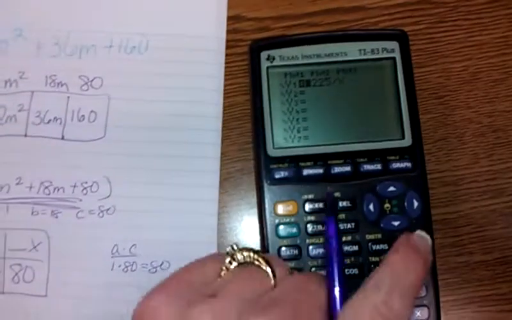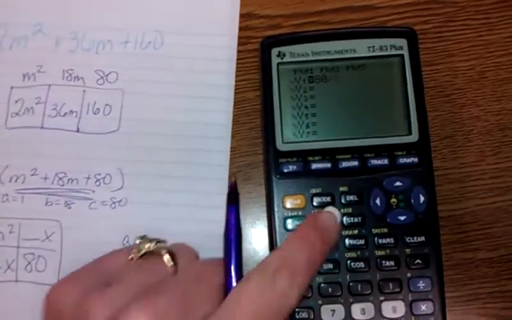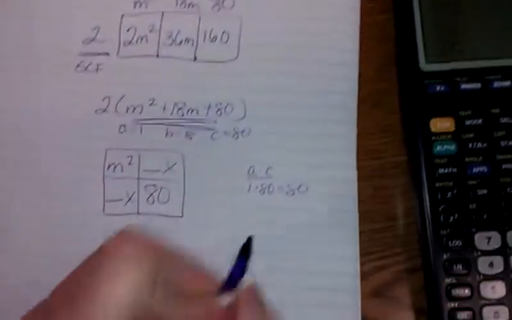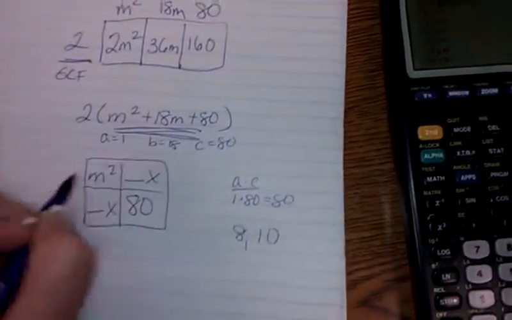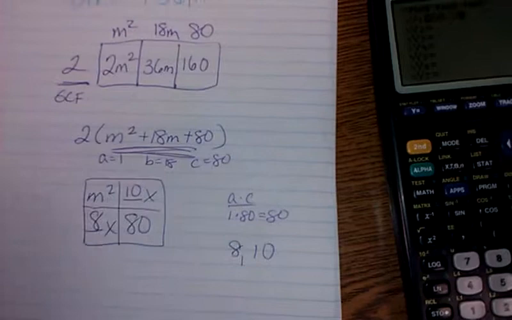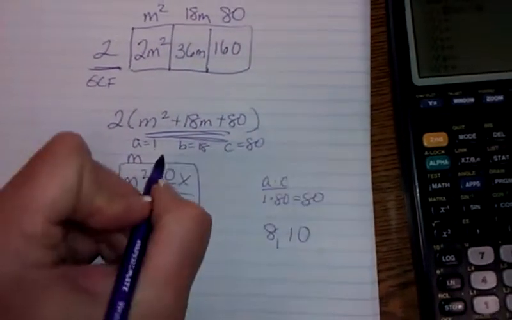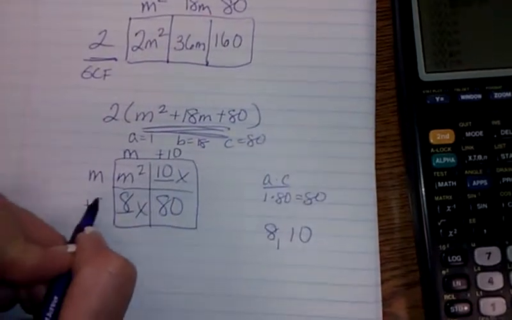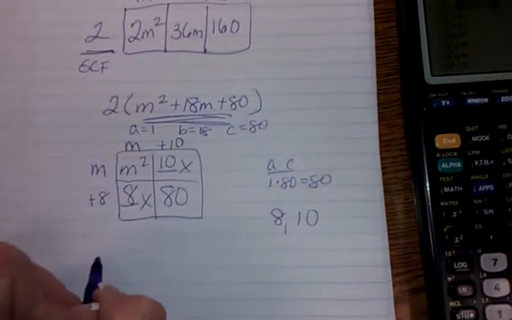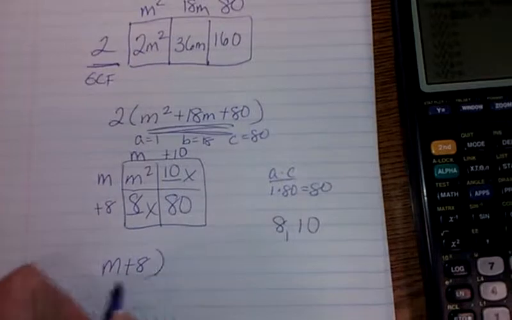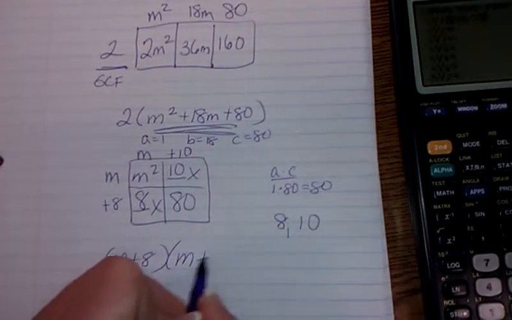You can still go in here and put 80 divided by x to find your factors. I know that I'm going to have 8 and 10. So I'm going to put the 8 here and the 10 here. M squared splits up as m and m, plus 10, plus 8. My answer, m plus 8 times m plus 10.